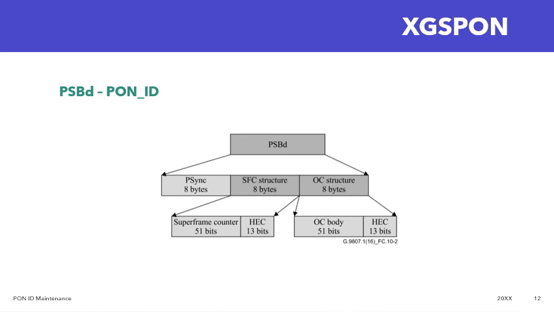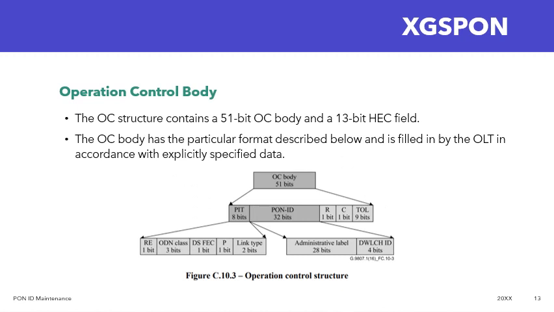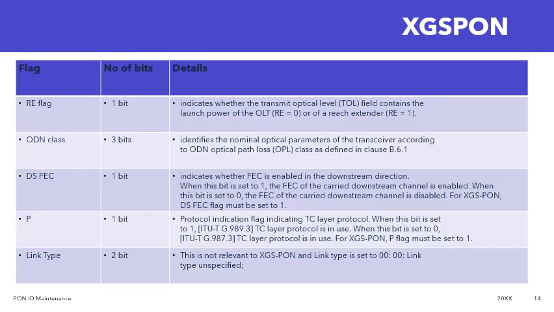This structure has the OC structure, which in turn is divided into OC body and HEC, and we are concerned only about the OC body. The OC body has a particular format described below, and it is filled in by the OLT in accordance with the explicitly specified data.